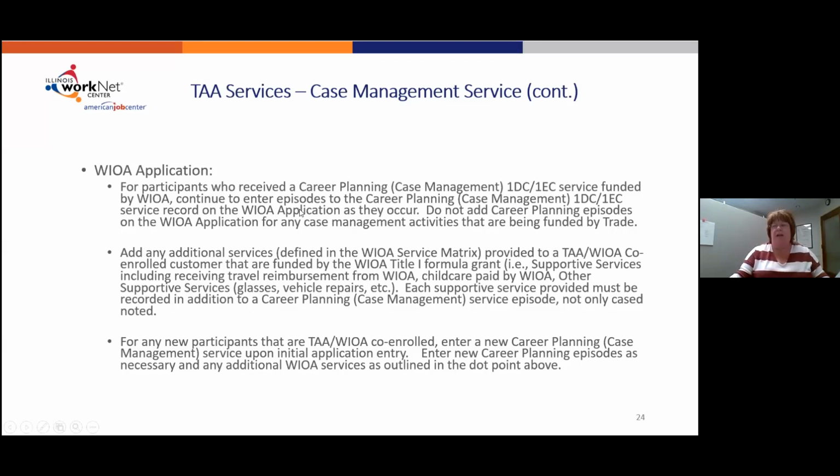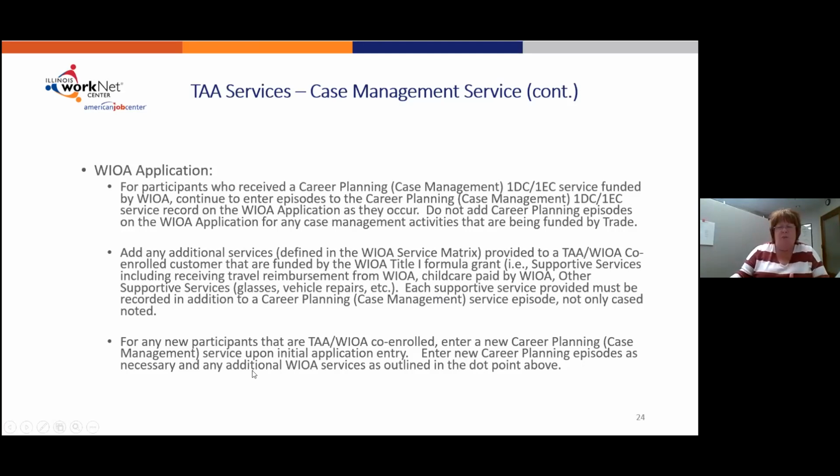But you do need to add the career planning case management service record on the WIOA application. And any additional services provided by WIOA, you have to add on the WIOA application. If they're getting some child care or supportive service or vehicle repair, glasses, anything that they're getting served by WIOA, you would add on the WIOA application. They don't go on the trade application though.